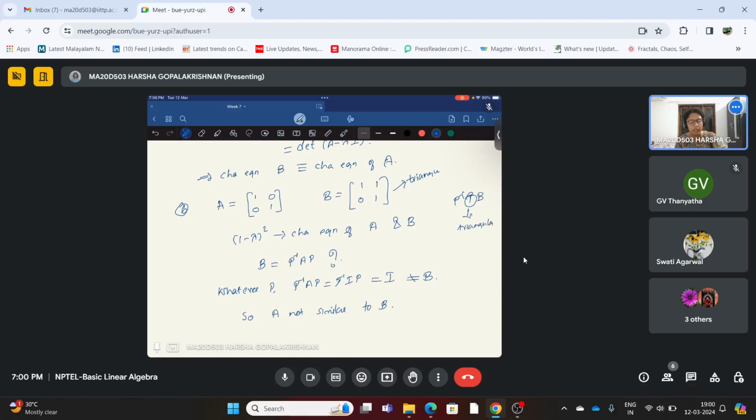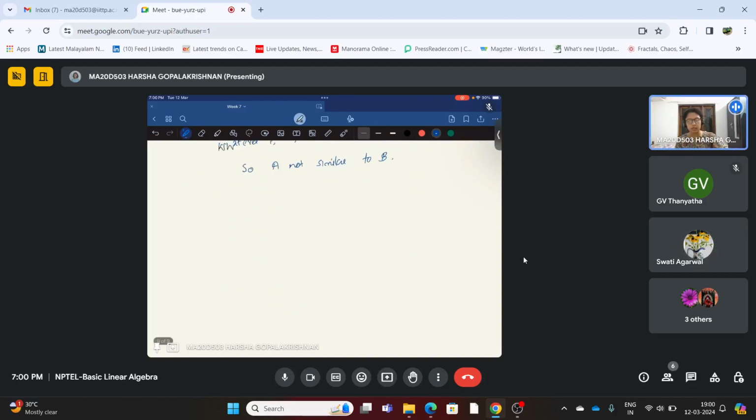In the same way as diagonalizability, we have triangulizability also. You can check those if you are interested. Here B will not be diagonalizable, B will be triangulizable. There is nothing more to do with your syllabus, but I'm just mentioning these things.